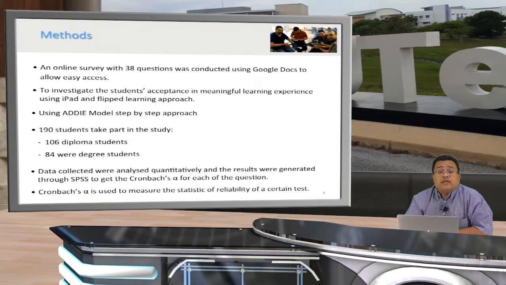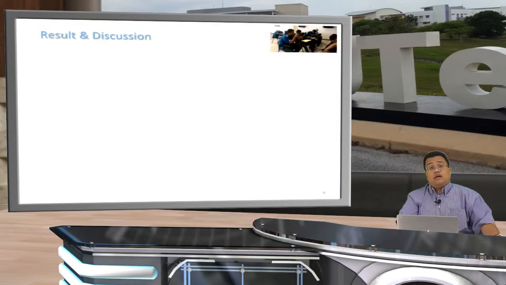Data was collected, evaluated and analyzed quantitatively, and the result was generated using SPSS to get the Cronbach's Alpha result. The Cronbach's Alpha is used to measure the statistic and reliability of the certain test.